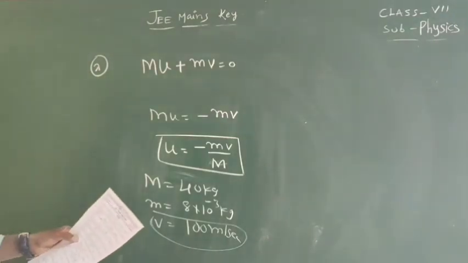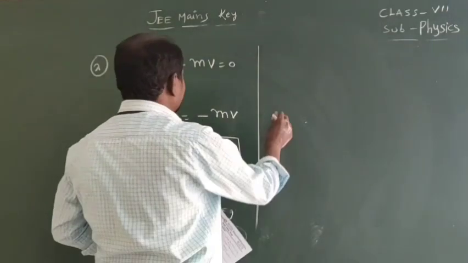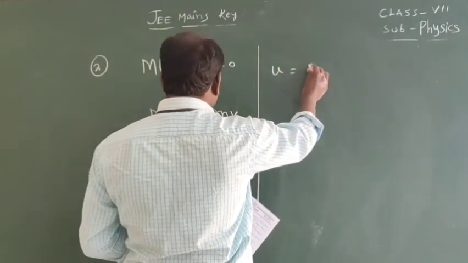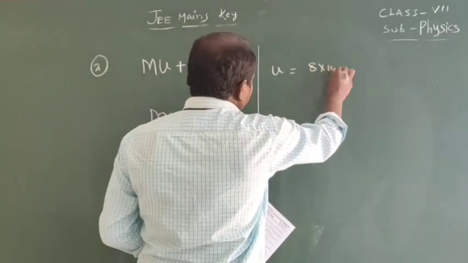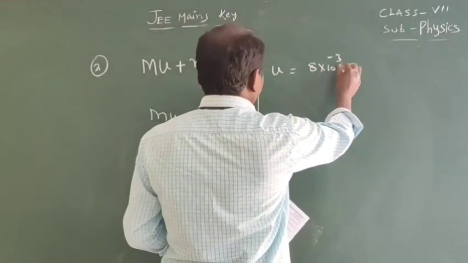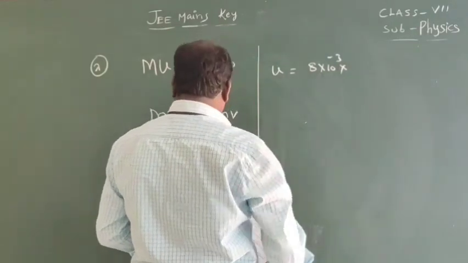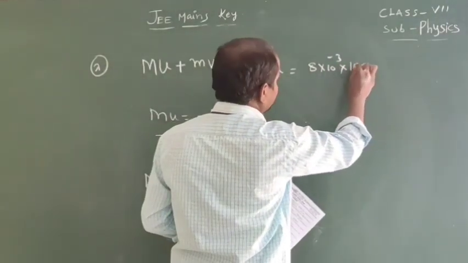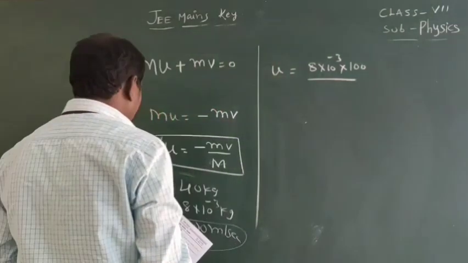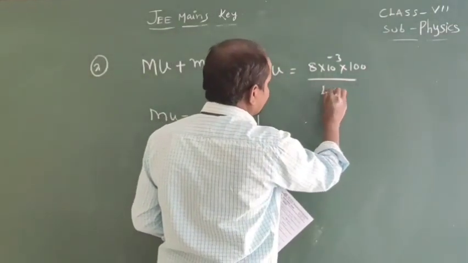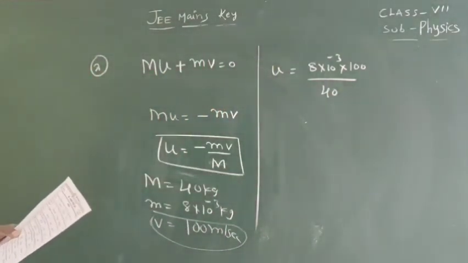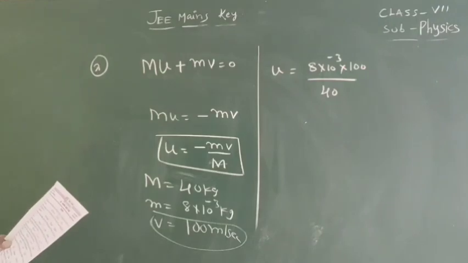Okay, so u, the recoil velocity of the gun, equals small m, that is 8 into 10 power minus 3, into velocity 100, by mass of the gun, that is 40.